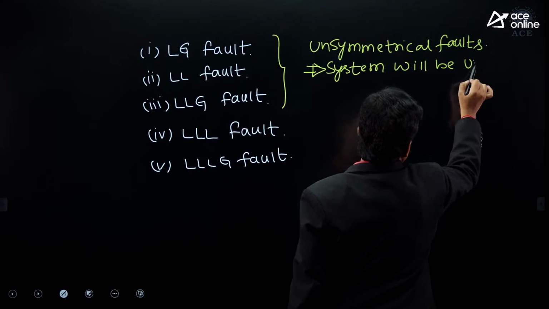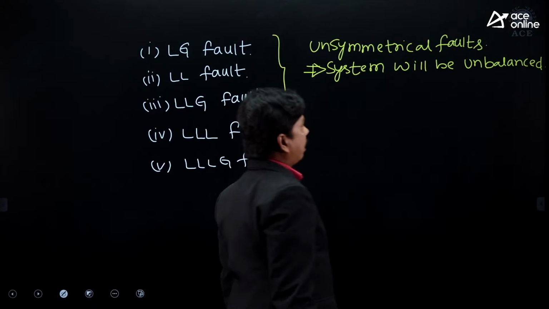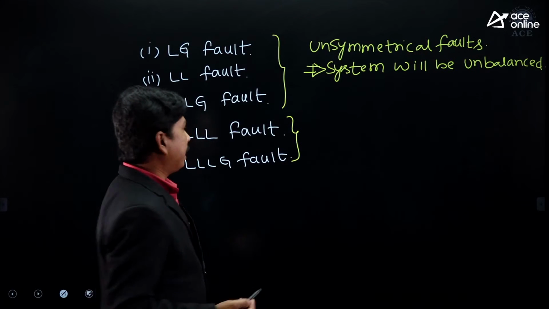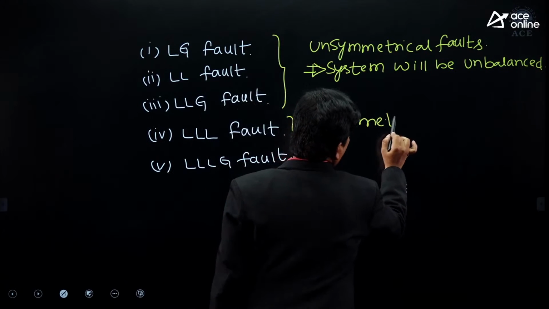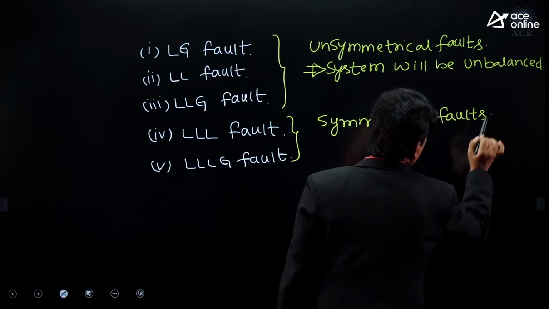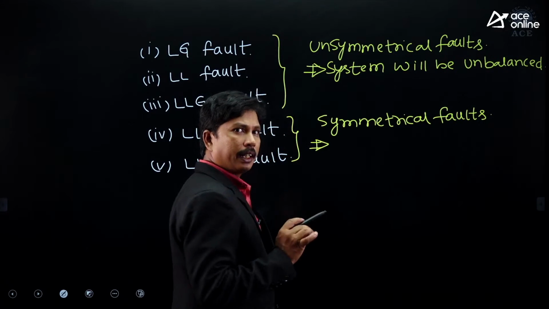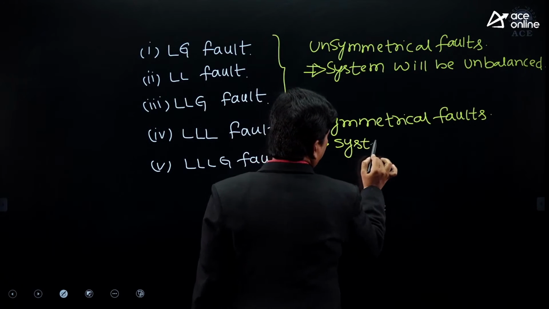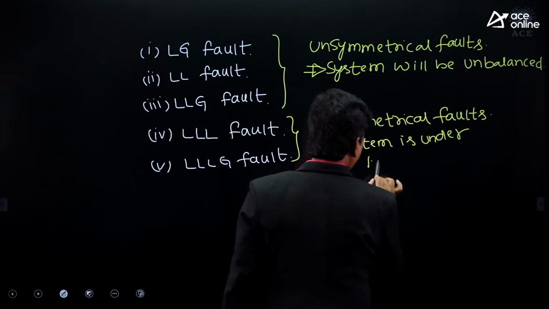Coming to the other two faults, triple L and triple LG faults, they are called symmetrical faults or balanced faults. Here the system is still in the balanced condition even after the fault.